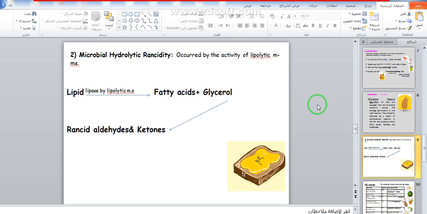So the lipid, by lipase enzyme from the lipolytic microorganisms, will be converted to fatty acids and glycerol, and then to ketones and rancid aldehydes. So this is microbial hydrolytic rancidity. The first one was an autochemical reaction, not by the microbes.